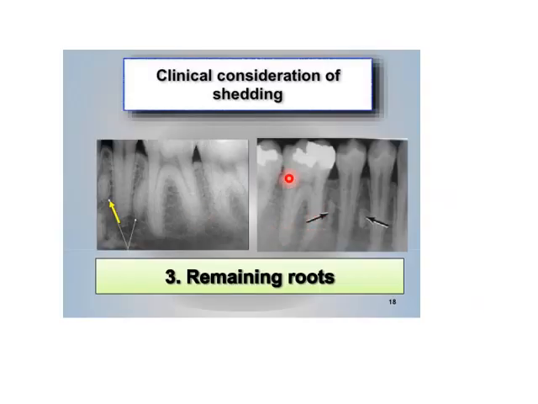This radiographic picture shows the remaining root of the deciduous second molar adjacent to the root of the permanent premolar. This remaining root must be removed by surgical removal.